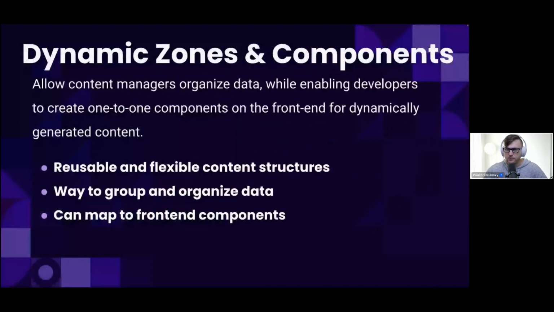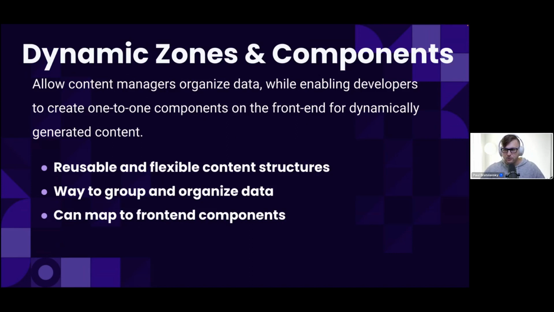Basically, dynamic zones allow content managers to organize data while allowing developers to create one-to-one relationships to those components. So you have a component in your Strapi admin, and you might have a React component that matches that. So whenever you use that component in your Strapi application, a developer now has created a component that has a one-to-one relation to it that will dynamically show up in your front-end application.